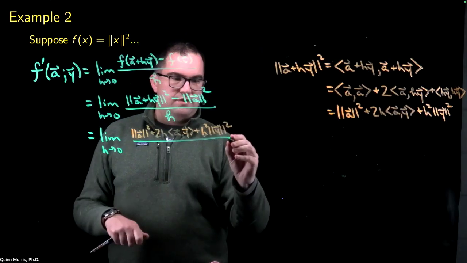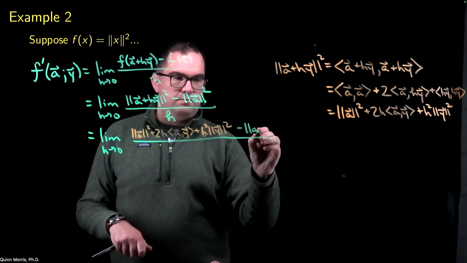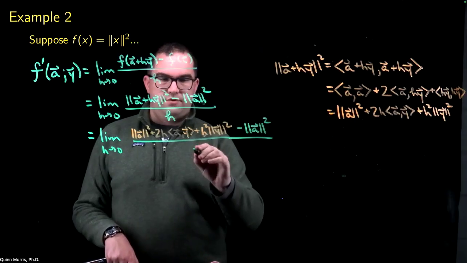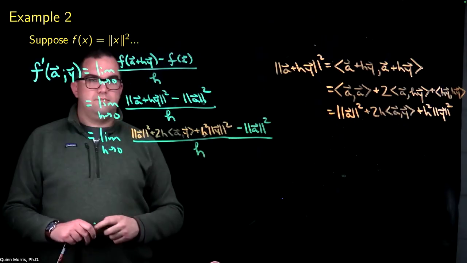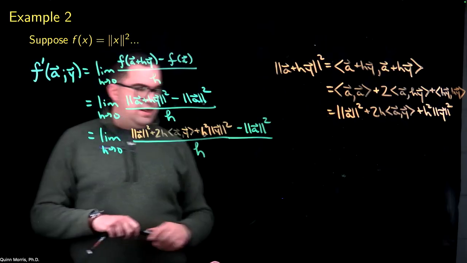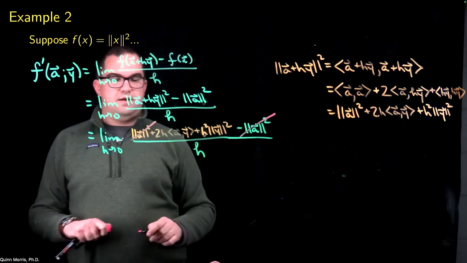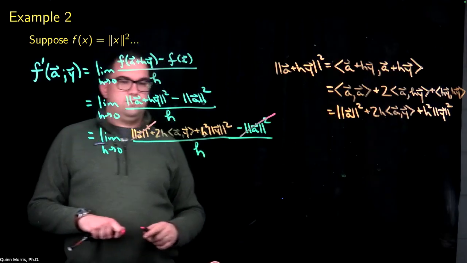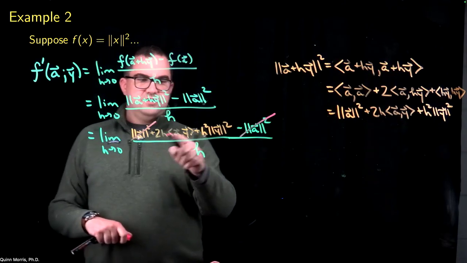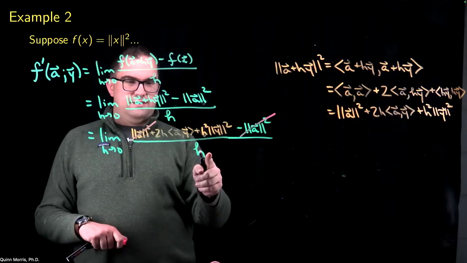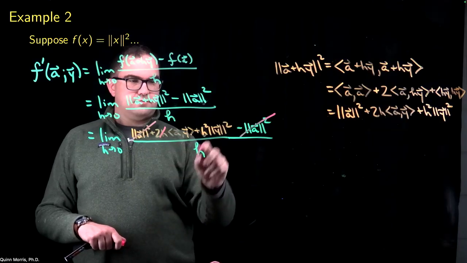And then we still have minus norm of a squared, all divided by h. So now, a little bit of algebra. We've got the norm of a squared minus the norm of a squared. Each of these has a factor of h that I can factor out and cancel with this.